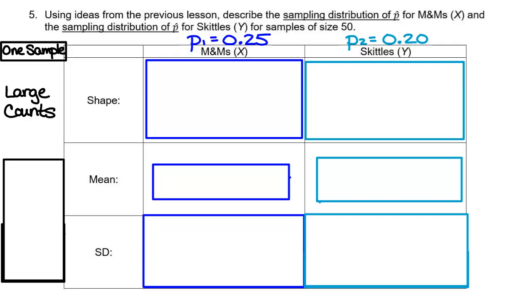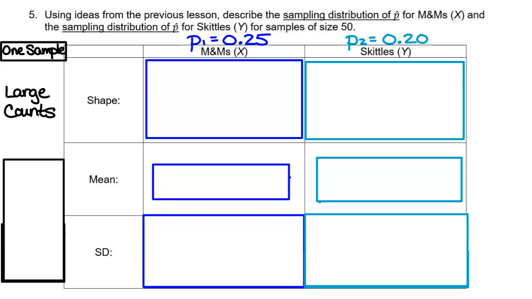I would like for you guys to check large counts for M&Ms and then come over and check large counts for Skittles. What was our sample size again? Sample size was 50. Look at the front side again. I believe our sample size was 50. Thank you, dear. So sample size of 50.